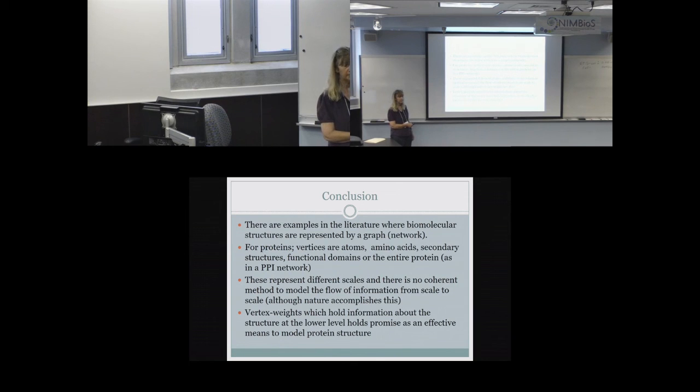So you've got the amino acid to the protein molecule, but you can even keep going. Then you've got a protein that's part of a protein-protein interaction network. And so how can a change at one scale affect the system at the other scale? And vertex weight seems to hold a promise as a possible way of doing that.